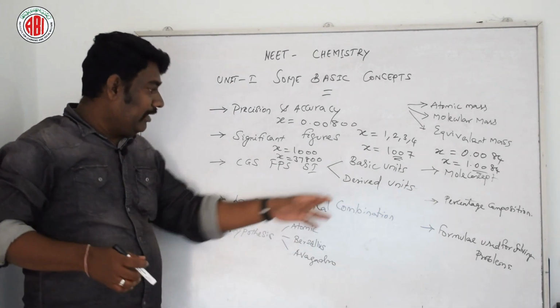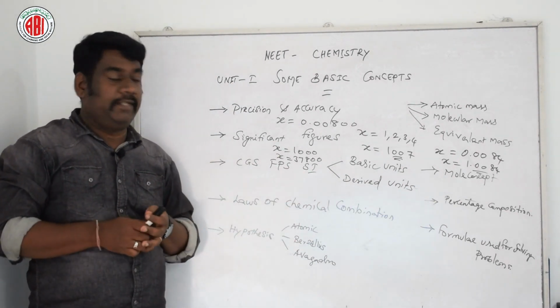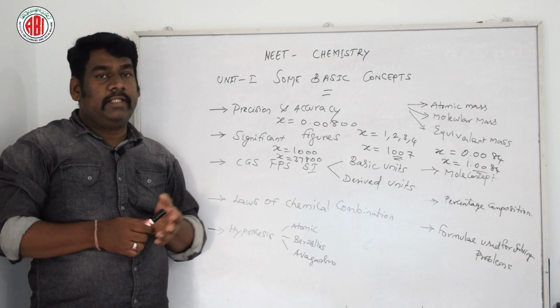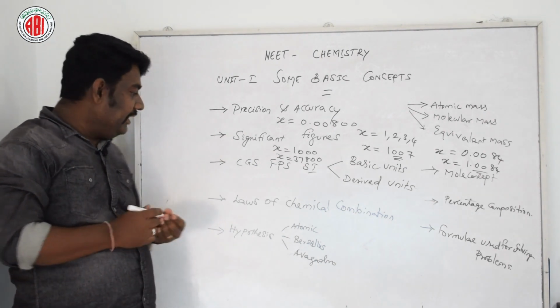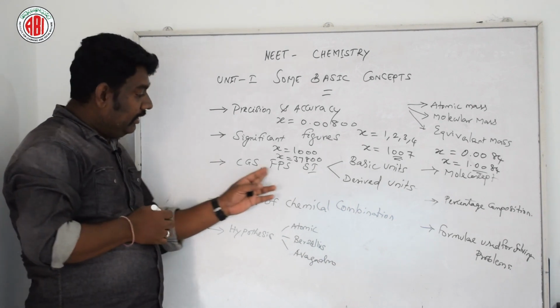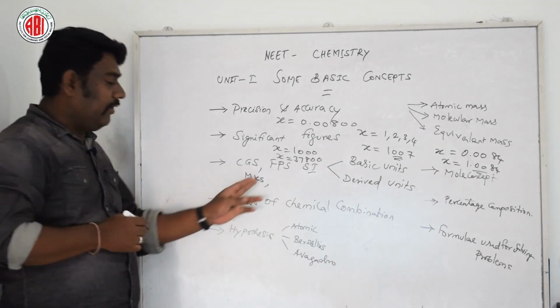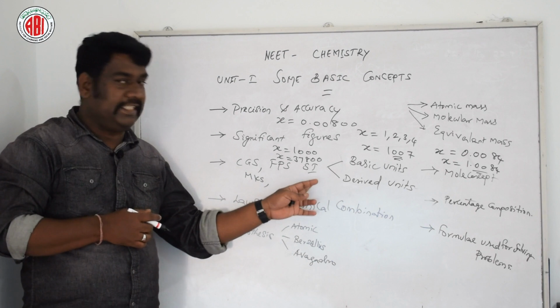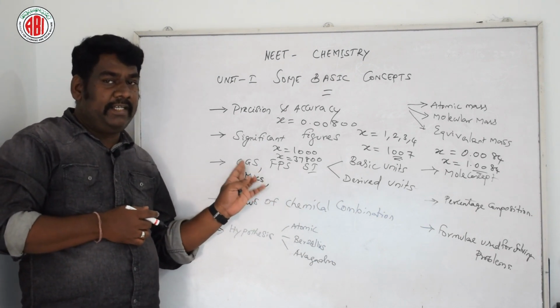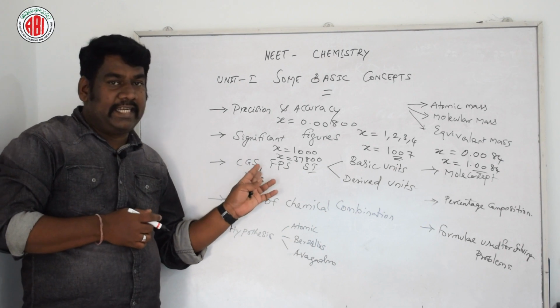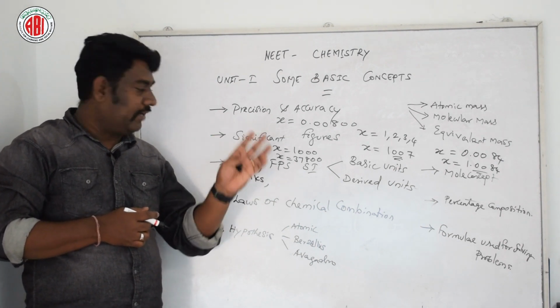Based on the formation of the unit system, we follow the 4 major systems of units, that is CGS system, next MKS system, then FPS system, then SI system. CGS system is nothing but centimeter, gram and second. Second stands for the unit for time.